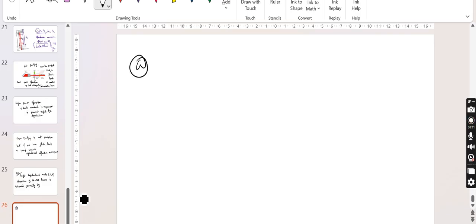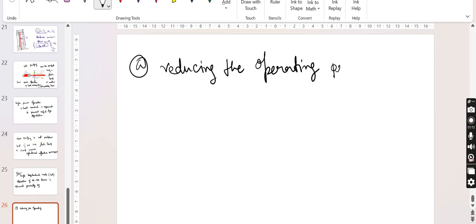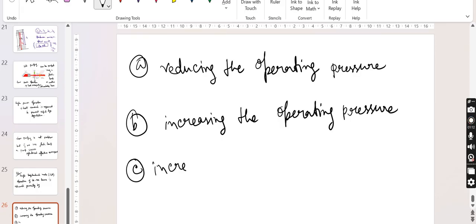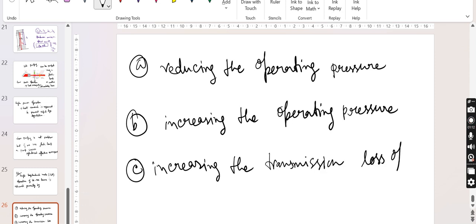The options are: A. Reducing the operating pressure, B. Increasing the operating pressure, C. Increasing the transmission loss of the cavity, D. Decreasing the transmission loss of the cavity.